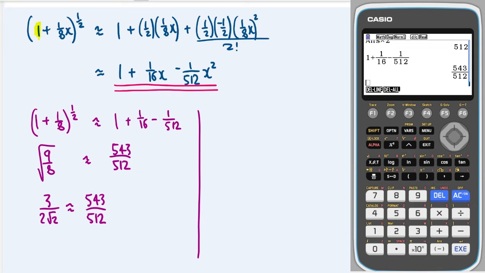We can then divide both sides by 3 over 2. So divide the answer by 3 over 2, and that gives me that 1 over root 2 is equal to 181 over 256.